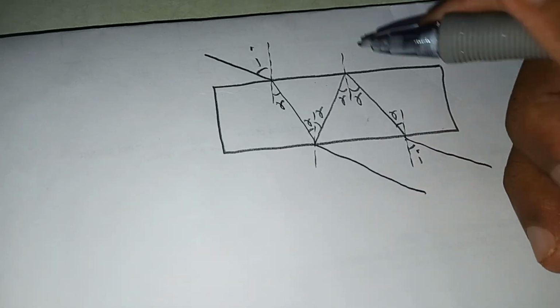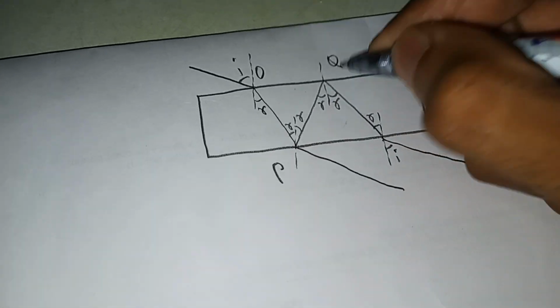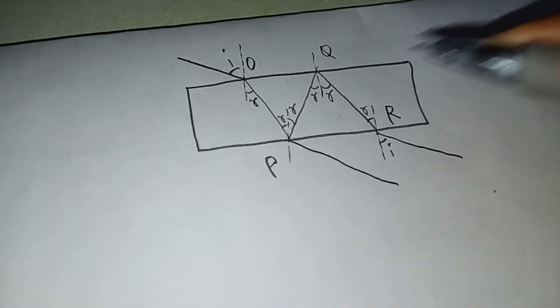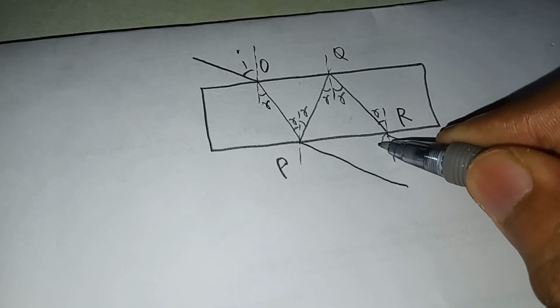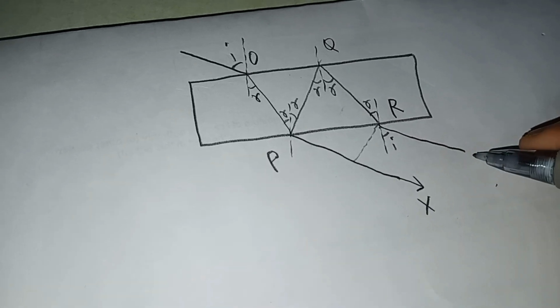Now let us mark these points as O, P, Q, R, and we should also draw a perpendicular from R on ray PX.